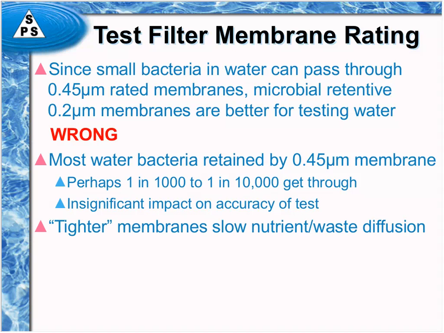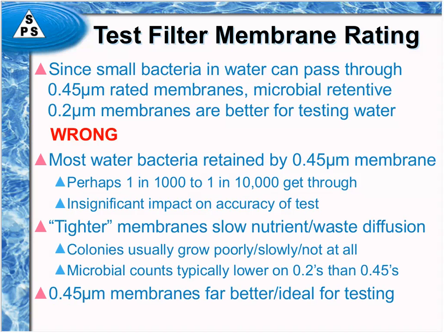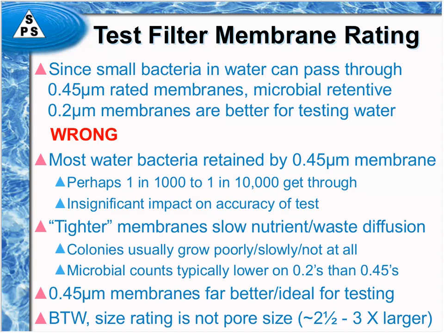And so these tighter membranes actually are poorer surfaces for organisms to grow on because they don't allow as free an exchange of nutrients and wastes as are found in 0.45 membranes. So actually 0.45s are far better for testing it.